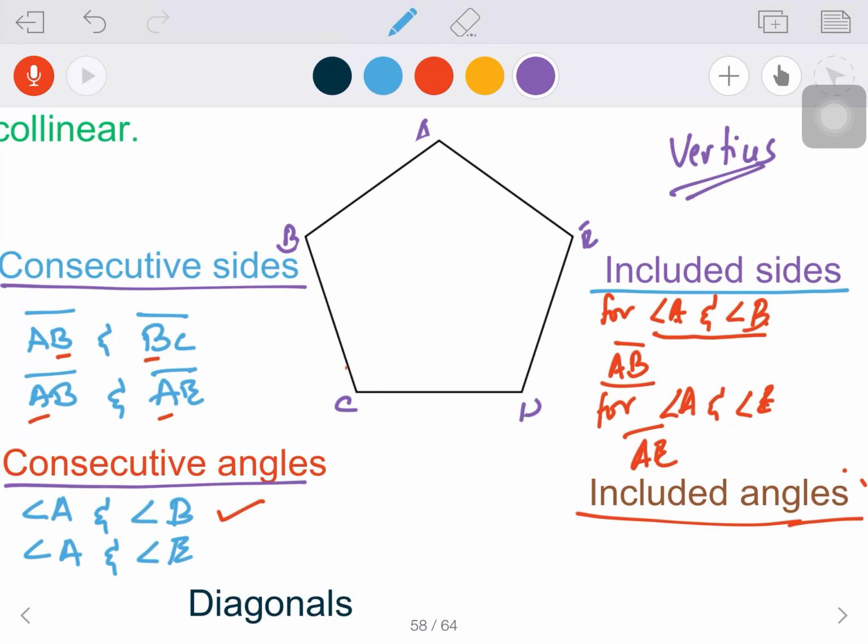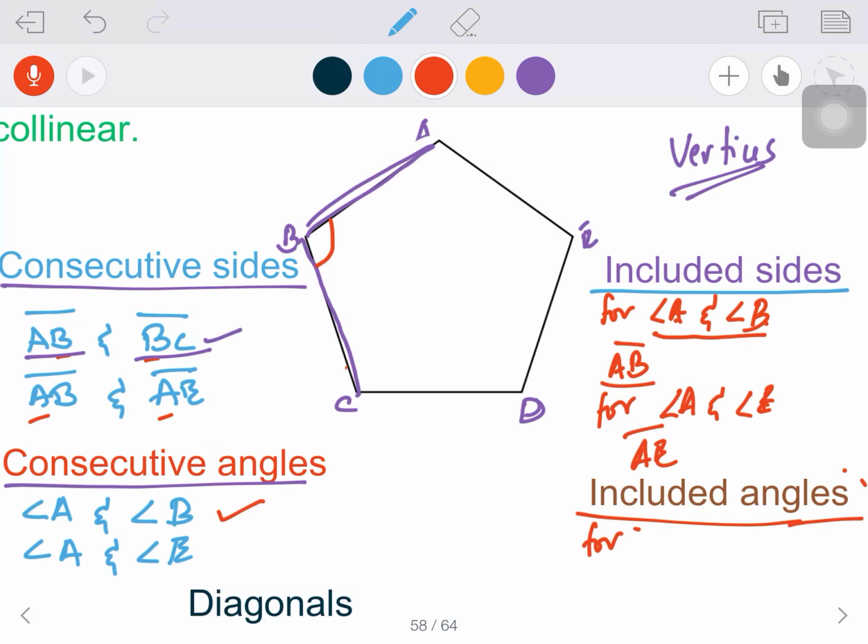Sorry, this is point T. Okay, let's check this one. Side AB and side BC. Where is side AB? Side AB is located here. Side BC is over here. Do you see this angle right here? It's angle B. That is your included angle.